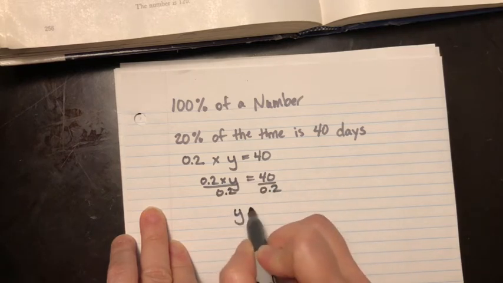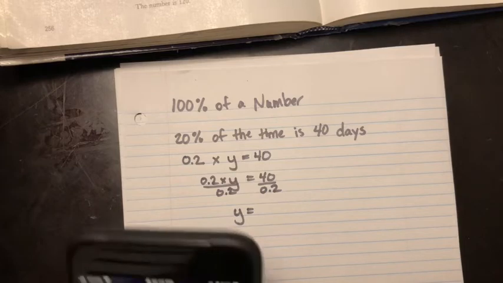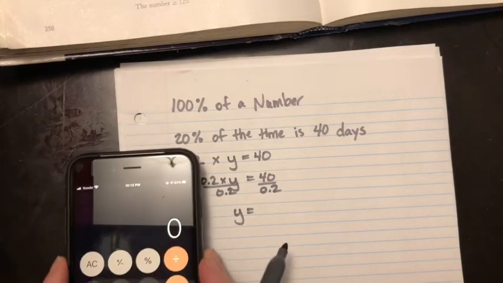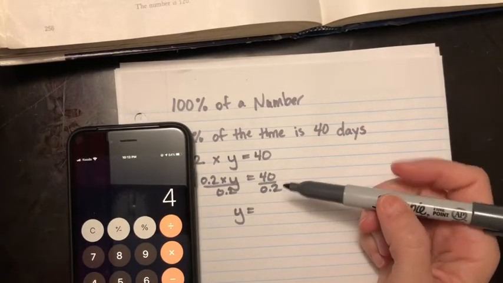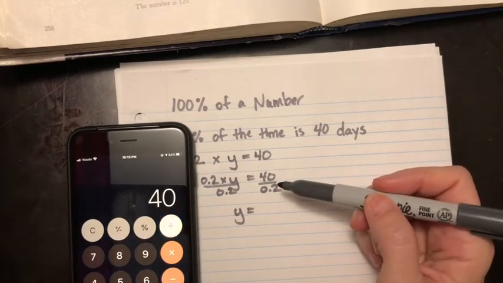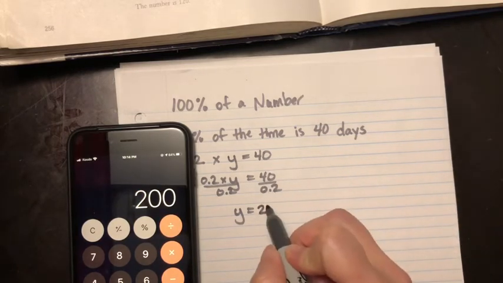When I do that, I get y alone. I'll take a second to type this into the calculator. When I go 40, divide, 0.2, and hit the equal sign, I get 200.